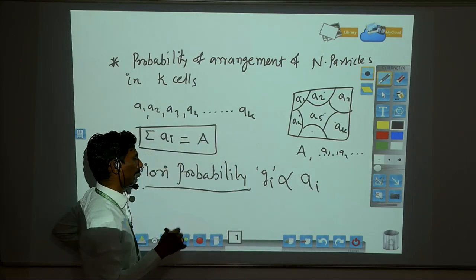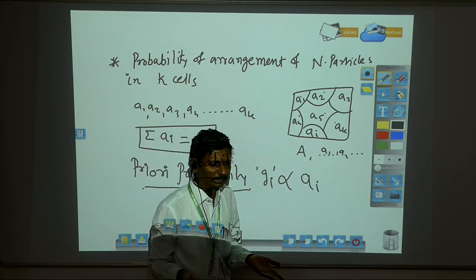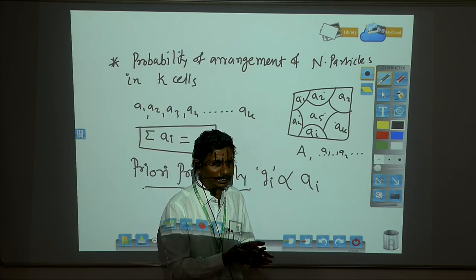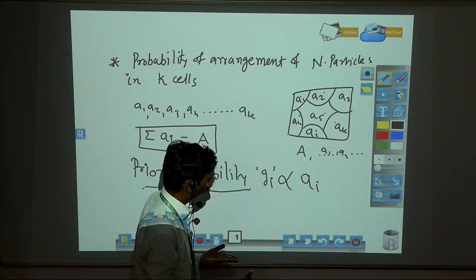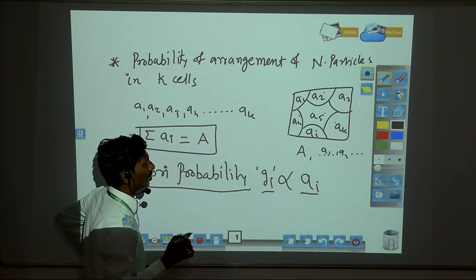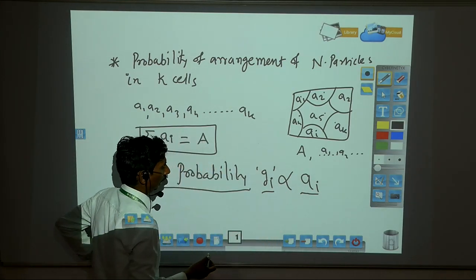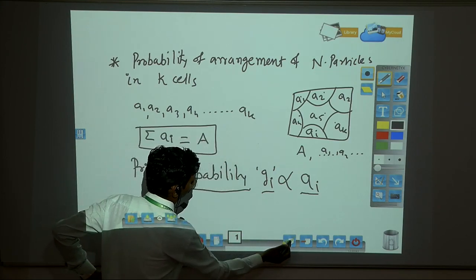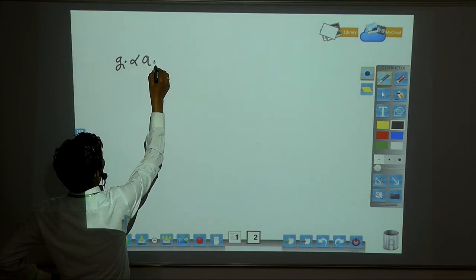If we consider the ith cell, and the probability of the ith cell is gi, that is the a priori probability which depends on the area of that cell, then gi is directly proportional to ai.